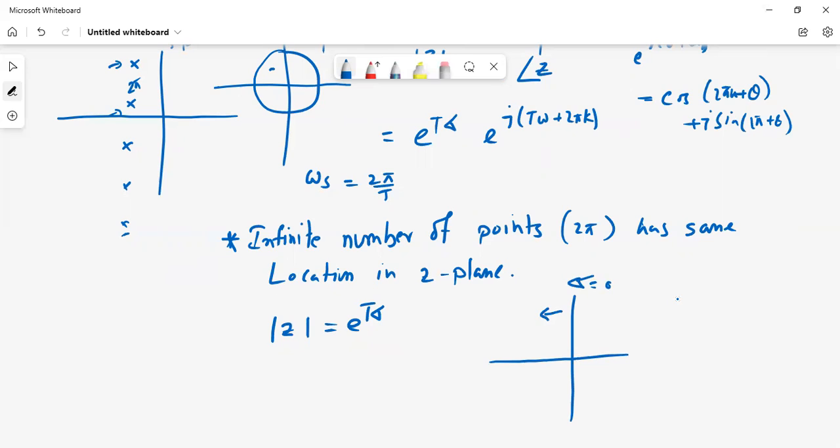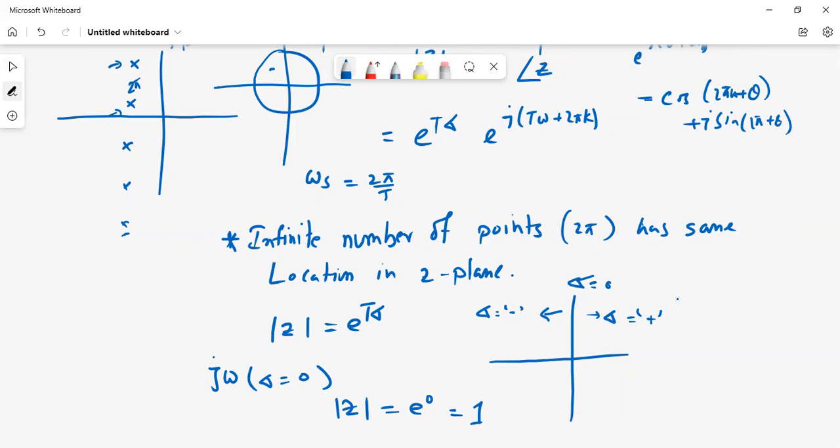In this location sigma is negative, and here sigma is positive. Now, first of all, if you want to depict the j omega axis, that means where your sigma value is 0, then the magnitude of Z will be e to the power 0 equal to 1.